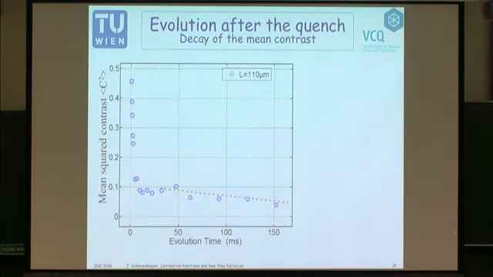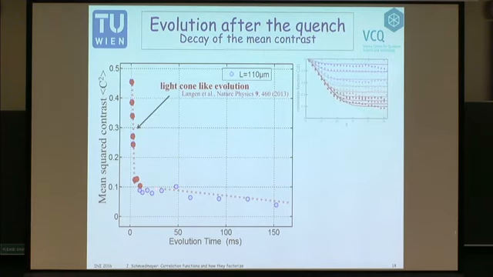The basic plot is this. If you calculate the mean squared contrast of this interference pattern, you first find a region with a very fast decay of the mean squared contrast. There you have a light cone-like evolution in the system, where you see that the local correlation function emerges locally immediately, and outside the light cone you have a long-range order that stays in there.